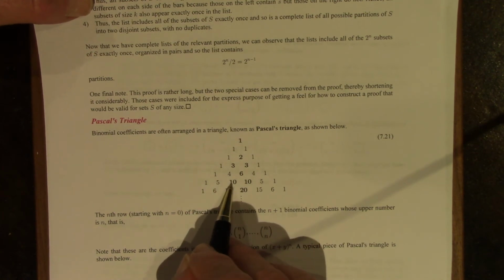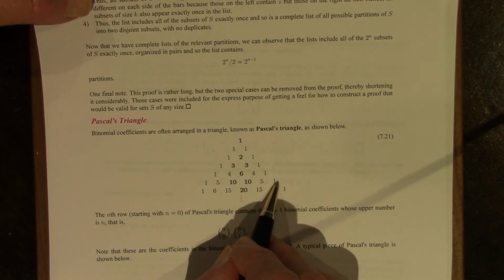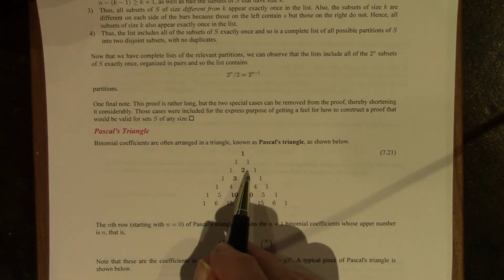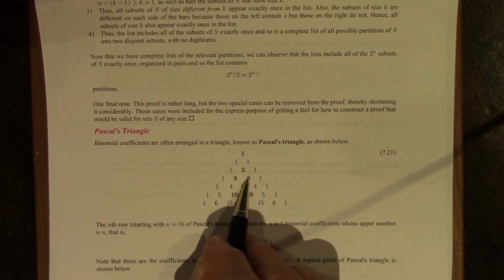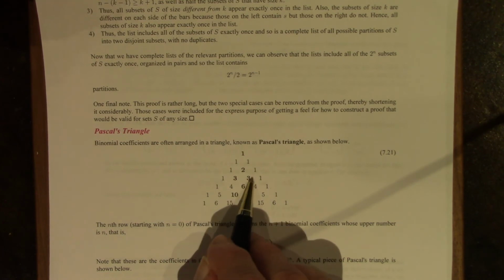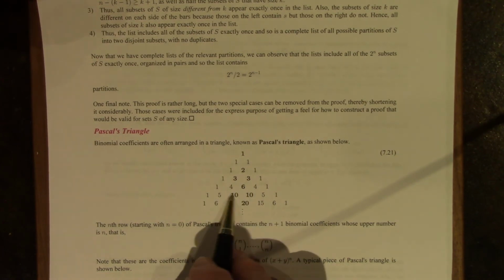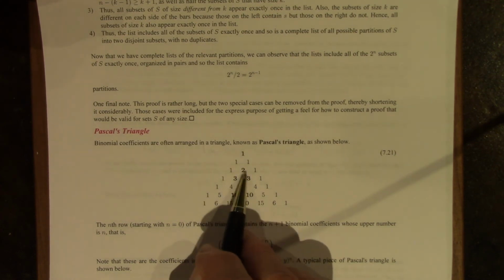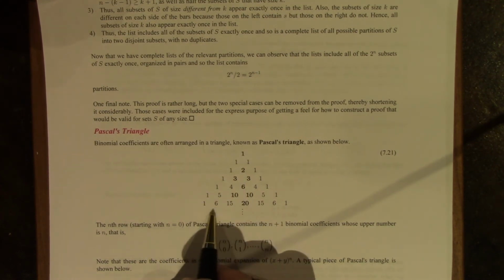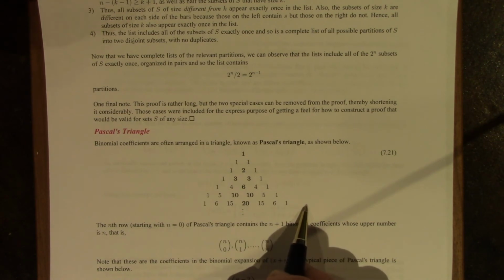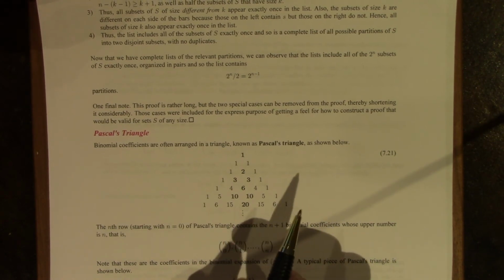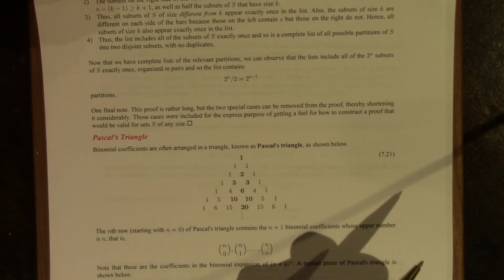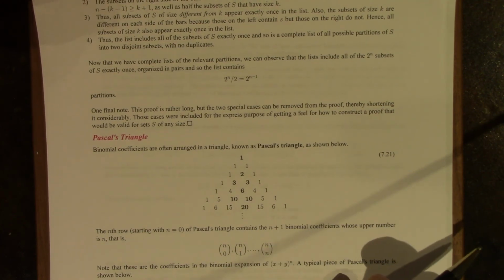Increase, increase, constant, decrease, decrease, and so on. Well, sometimes there's a double peak or a double maximum, 3 here, 10 here. Other times there's a single maximum for the coefficients in that row. And it depends on whether the n here is an even number or an odd number.